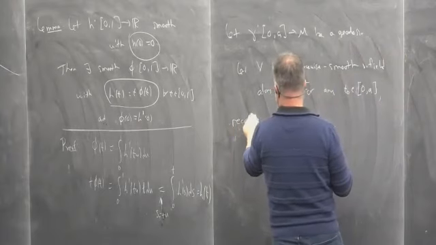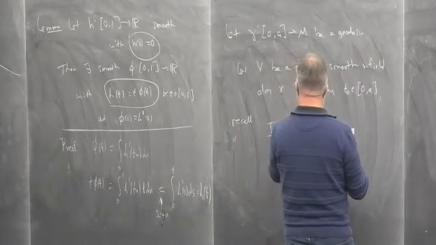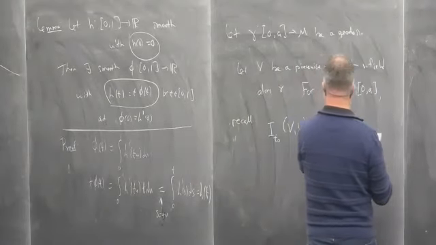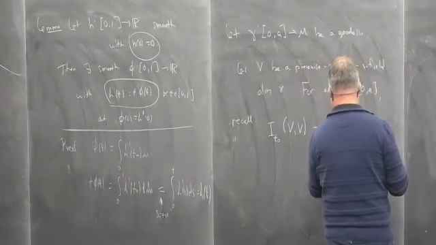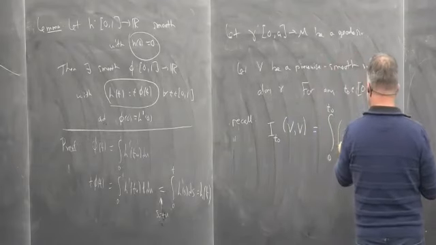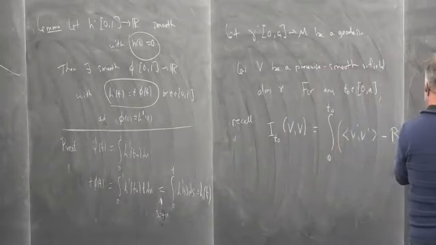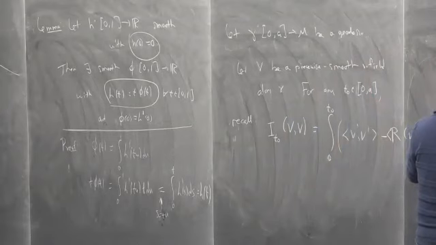Recall we had defined I T naught of V, V is the integral from 0 to T naught of V prime inner product V prime minus R of V gamma prime, V dt.